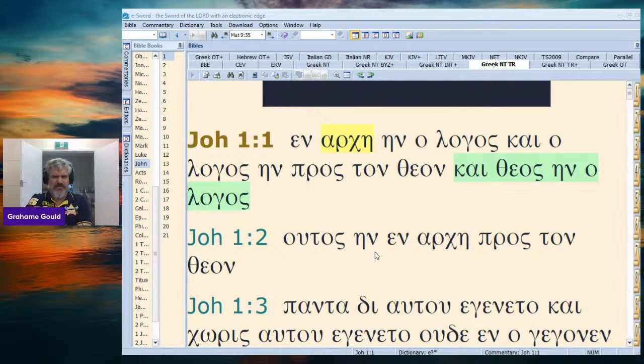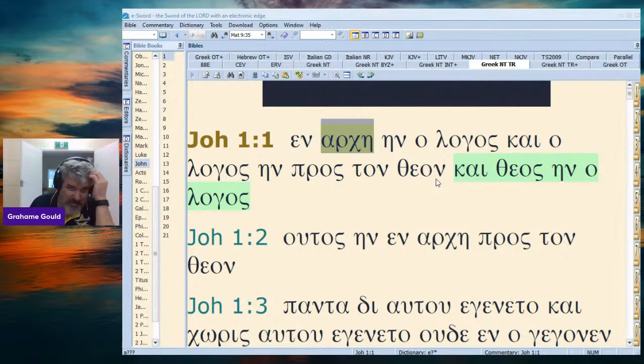So the first verse of John: en arche ein ho logos, kai ho logos ein pros ton theon, kai theos ein ho logos. So in the beginning was the Word, and the Word was with the God. So I'm doing word for word at the moment.